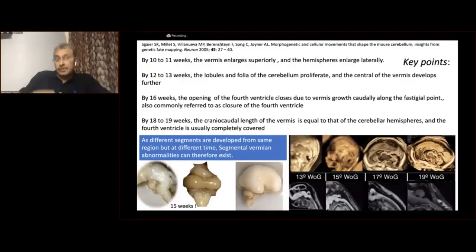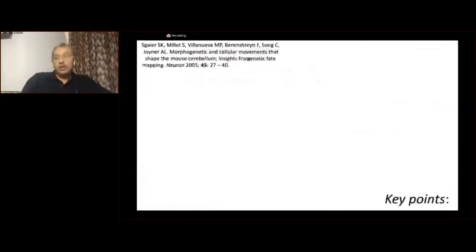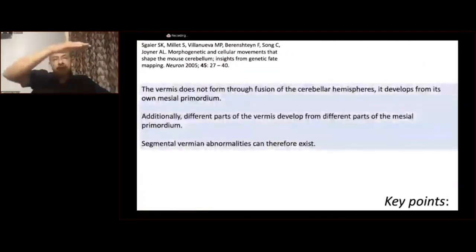Now, by the 16th week, the opening of the fourth ventricle closes because the vermis grows down. And that's the reason the continuation which was there between the cisterna magna and the fourth ventricle will not appear as if they are communicating with each other, because the vermis, which was superior, has started growing lower down.